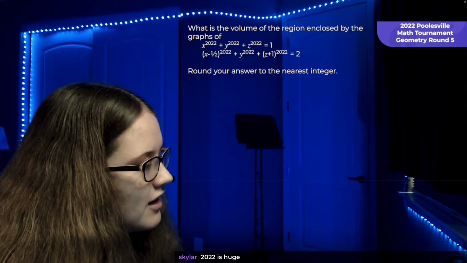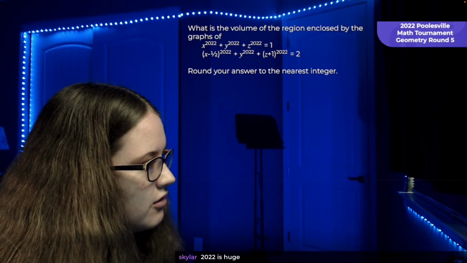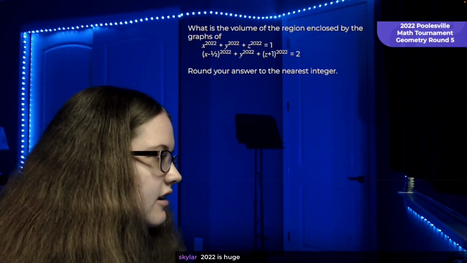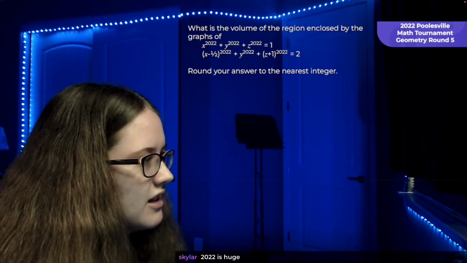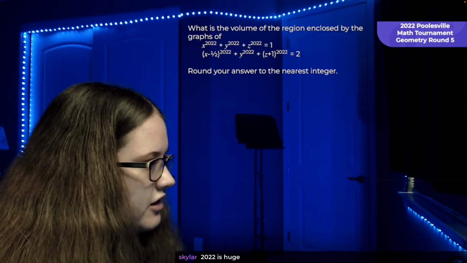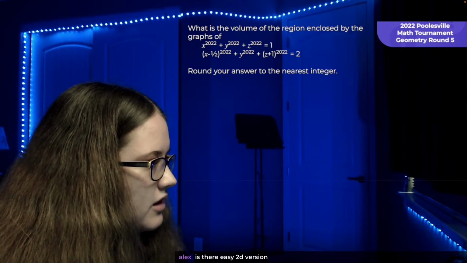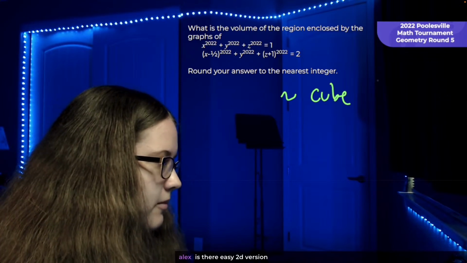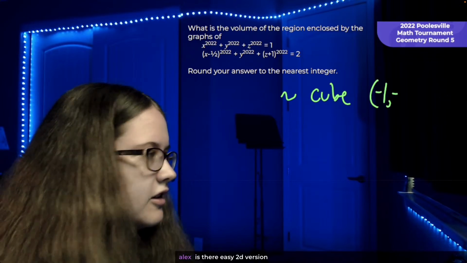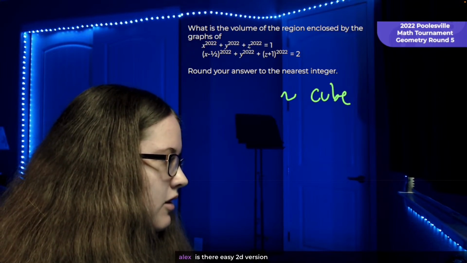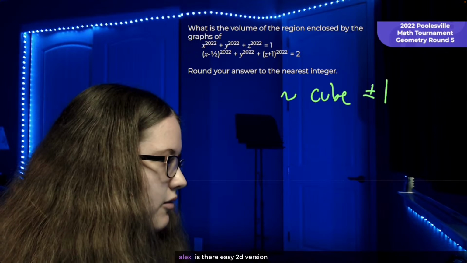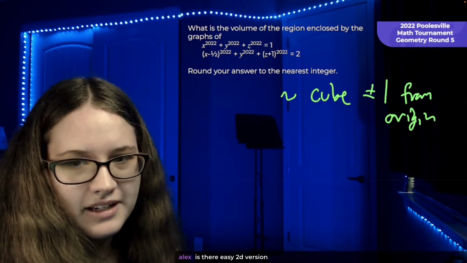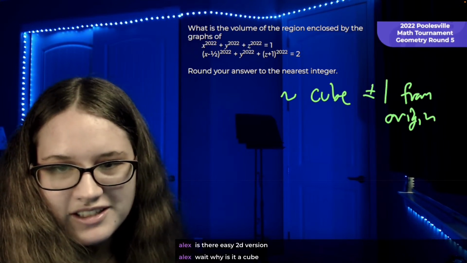So, x to the first one, equation 1, is going to be basically a cube from -1, a cube of plus or minus 1 from origin. Not exactly, but since it's so big. Is there an easy 2D version?